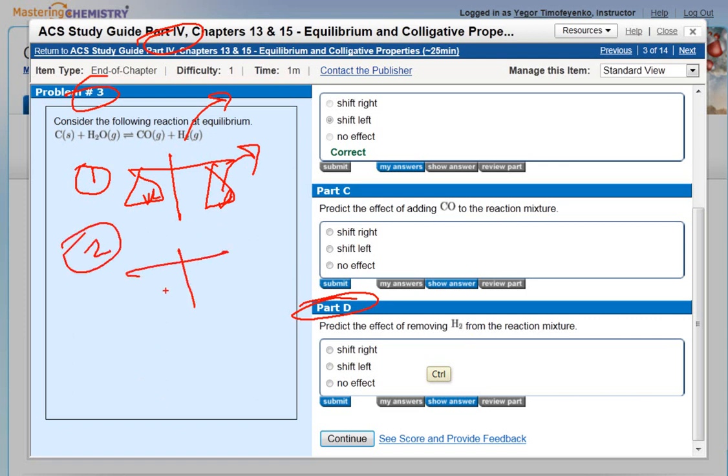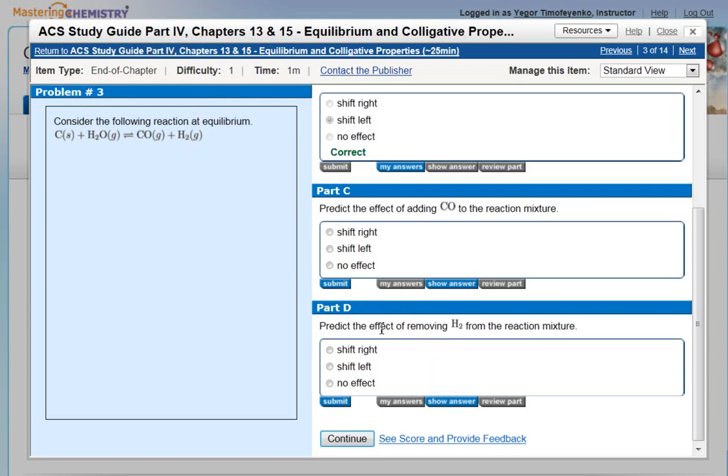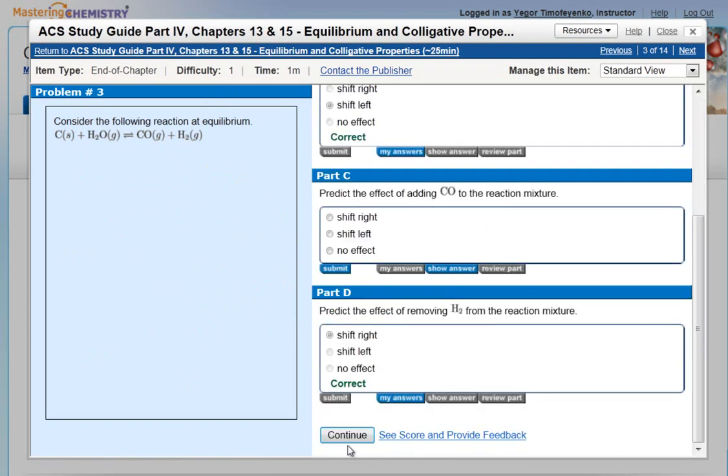So this is going to be the lighter side, so the balance is shifted as such. To restore the balance at this point, we move stuff from the reactant side towards the product side. So as we're doing that, we're shifting from left to right to restore the balance. Therefore we'll shift towards the right. And that's correct.